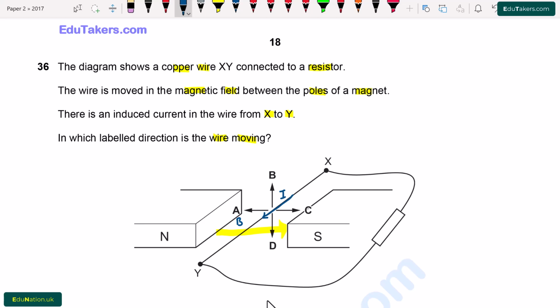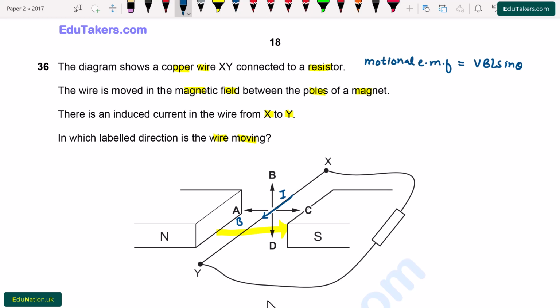First of all, the EMF is induced by the motion with respect to the magnetic field, and this EMF is known as motional EMF. I write here motional EMF. This will be equal to VBL sin theta.